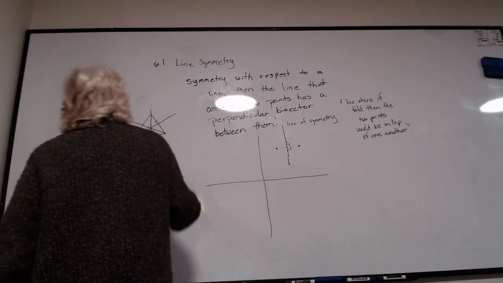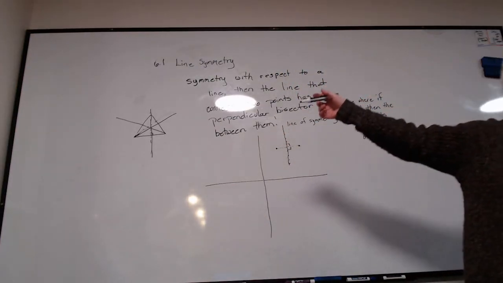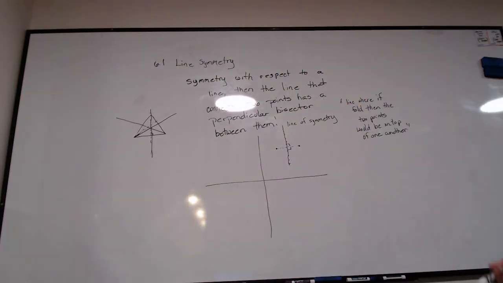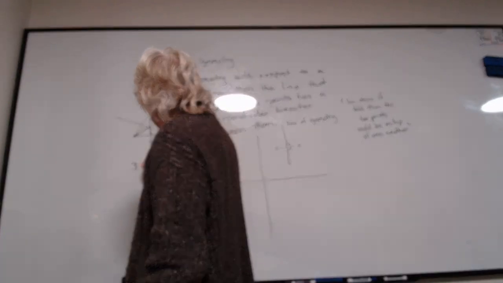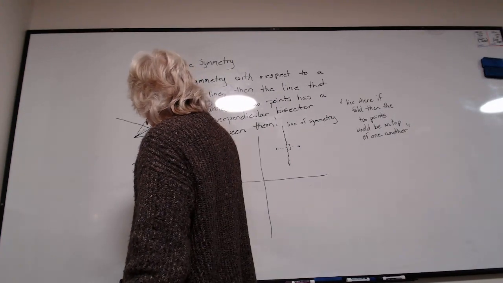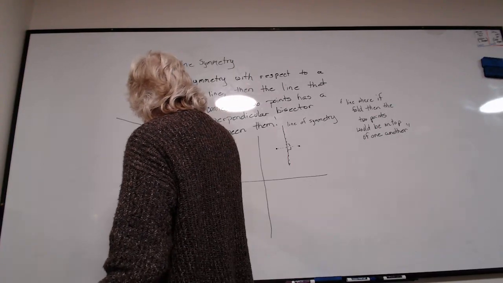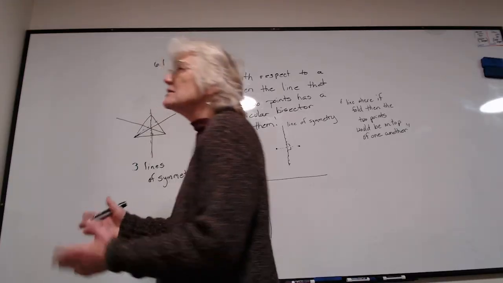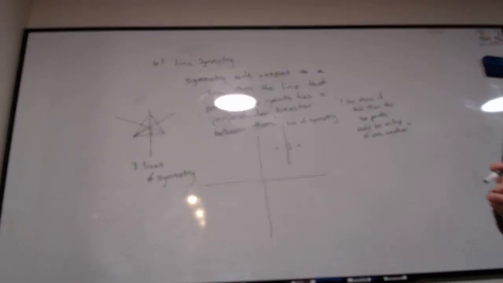I could do that angle there. Okay, so that triangle actually has 3 lines of symmetry. In other words, there's 3 lines I could fold it on and I would have an exact mirror image.